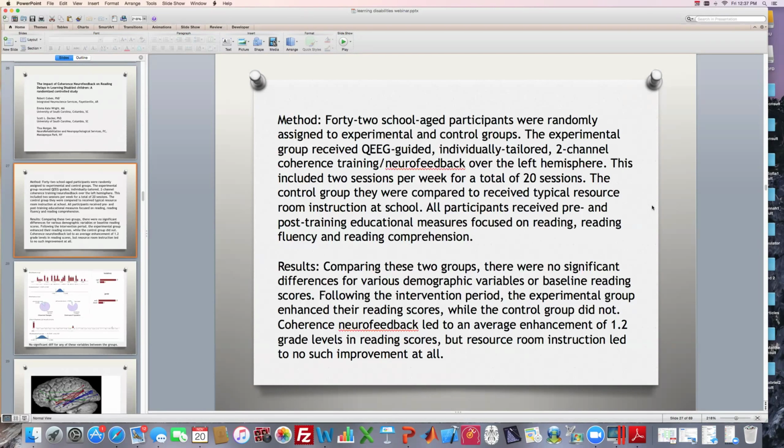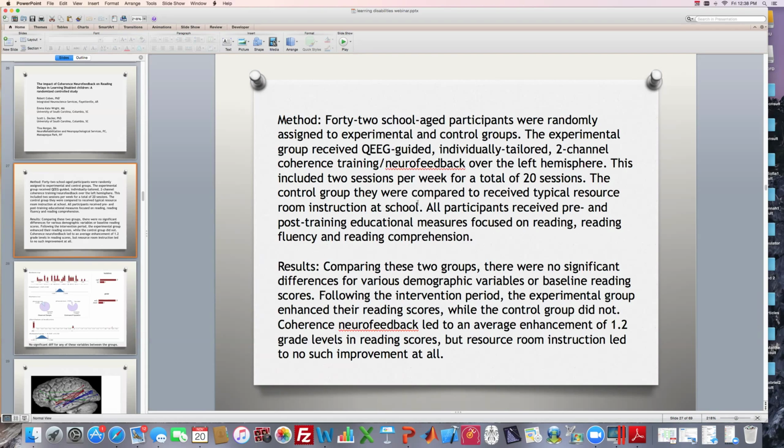In almost all cases, it showed left hemisphere low coherence. We then developed 2-channel training coherence protocols to increase coherence, which we hoped would remedy some of their difficulties. They received 2 sessions per week. The sessions are about 20 minutes in duration for a total of 20 sessions. So we're talking about 7 hours in total of neurofeedback.